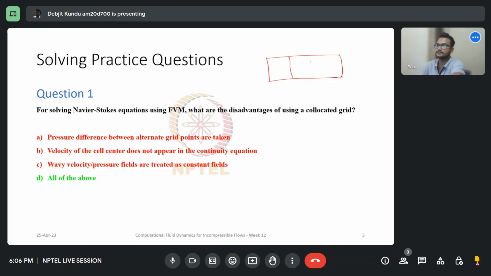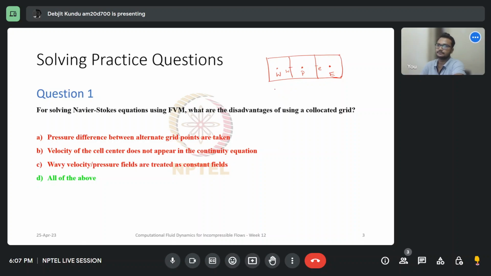something like this. So this is our main cell P, and we are using these two neighboring cells, east and west, represented by E and W. Now while calculating the pressure difference across this, I need the pressure at face small e and face small w.